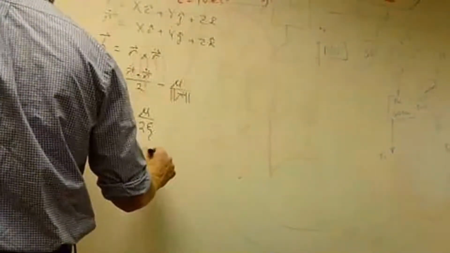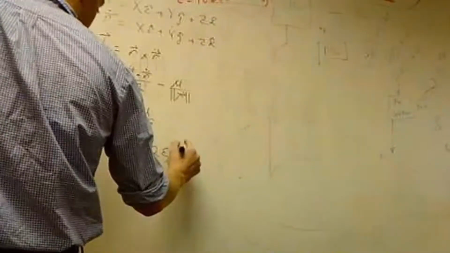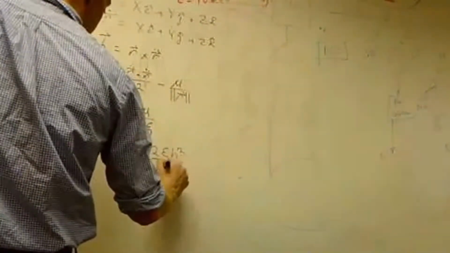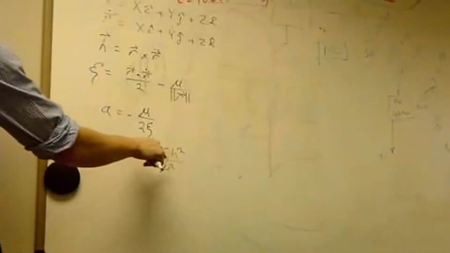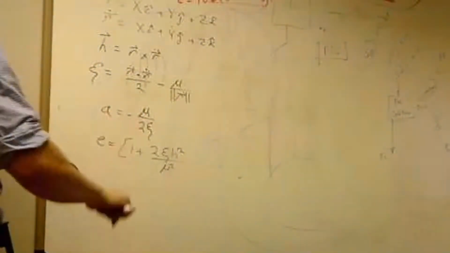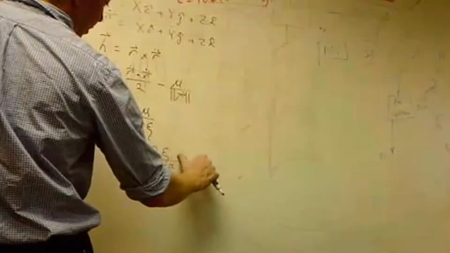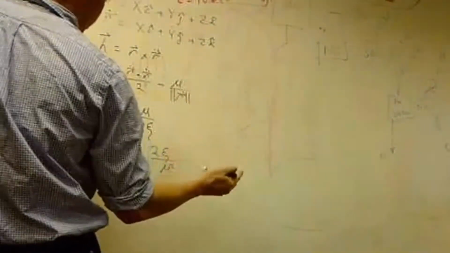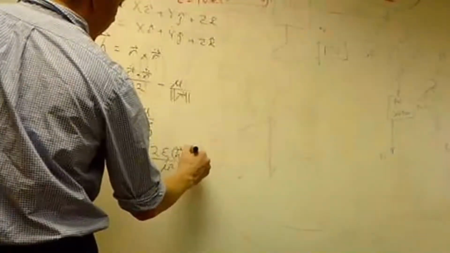So we have our eccentricity, 1 plus h squared divided by the gravitational parameter. And to be clear, angular momentum is a magnitude squared. So instead of angular momentum squared, I could also just write the vector of angular momentum dotted with itself.